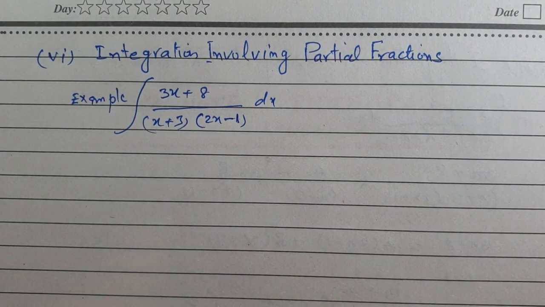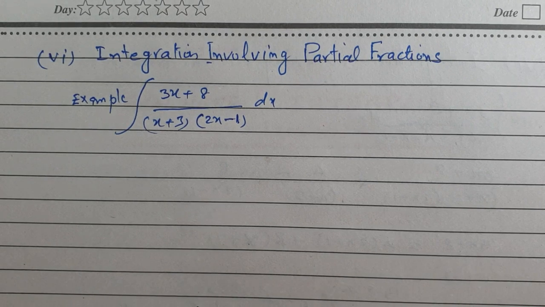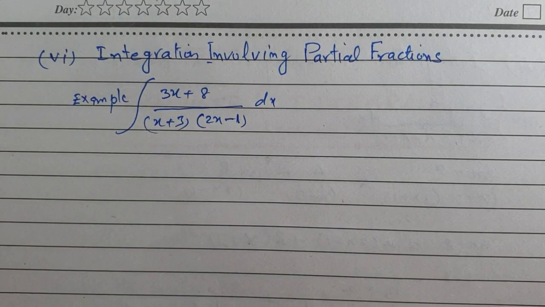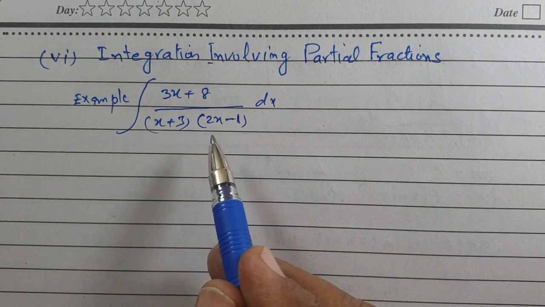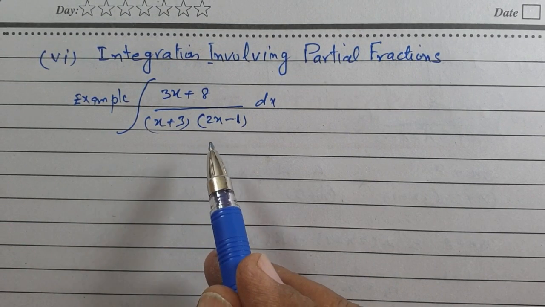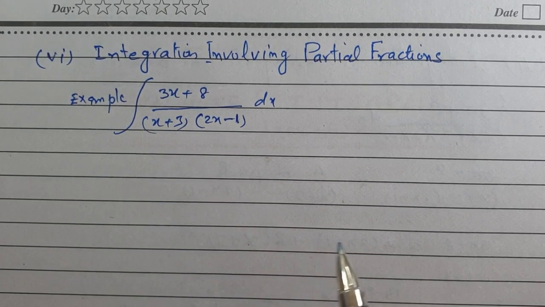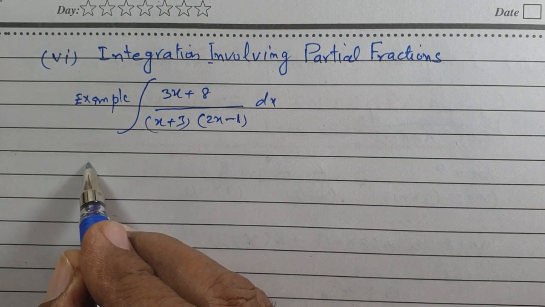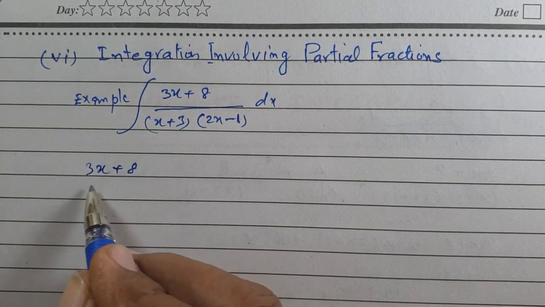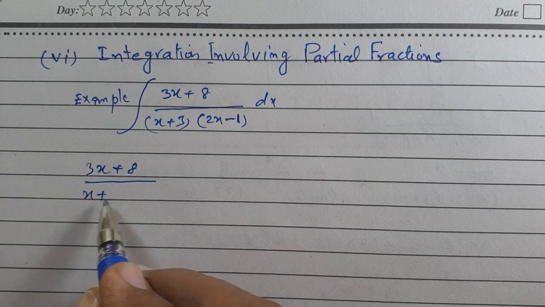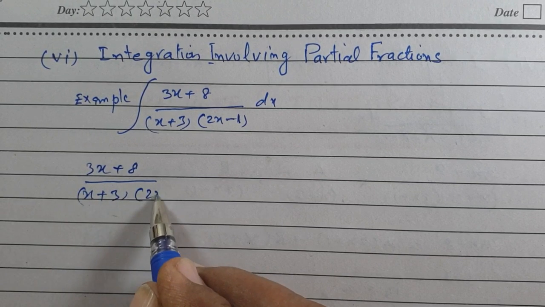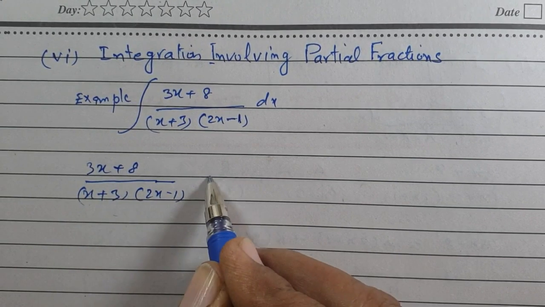The question is, why do we need partial fractions? Why do we make partial fractions of this kind of question? We make partial fractions of such questions where factors are there in the denominator, to convert it into sums like this: (3x plus 8) over (x plus 3)(2x minus 1) equals a over (x plus 3) plus b over (2x minus 1).